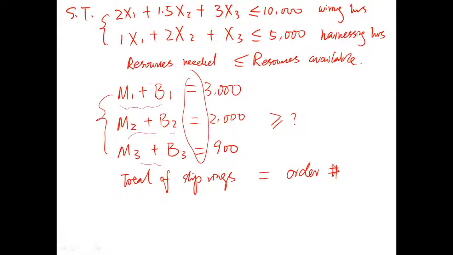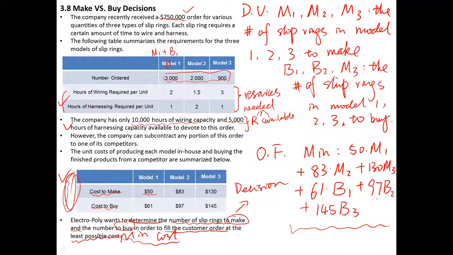The left-hand side of those constraints won't go beyond what is required, because the objective function will force those m1, m2, m3, b1, b2, b3 numbers to be as small as possible to minimize the total cost.